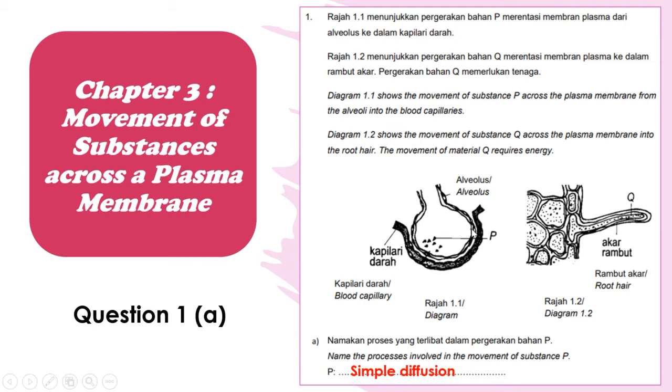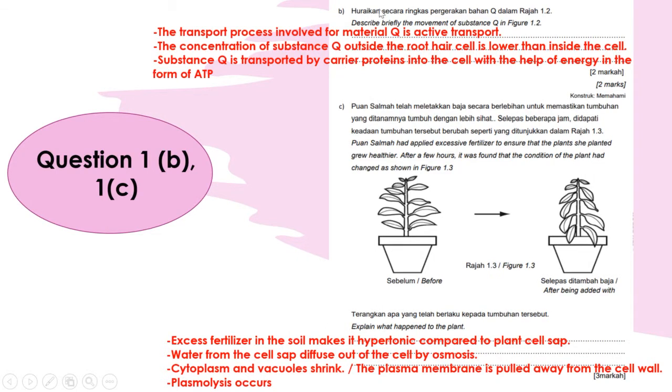In this process the energy is required. Okay, so let's go to the question again. Describe briefly the movement of substance Q. The mark allocated here is 2 marks.